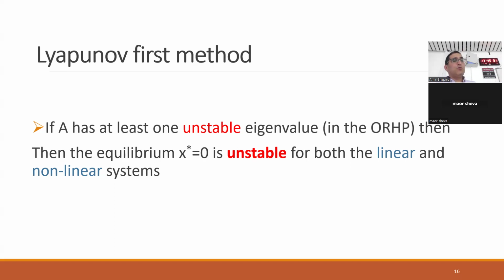Then the equilibrium X star is unstable. It's not stable for both the linear and the nonlinear system. So it's enough that the one eigenvalue will be on the right half plane and the whole system is unstable, both the linear and the nonlinear system.